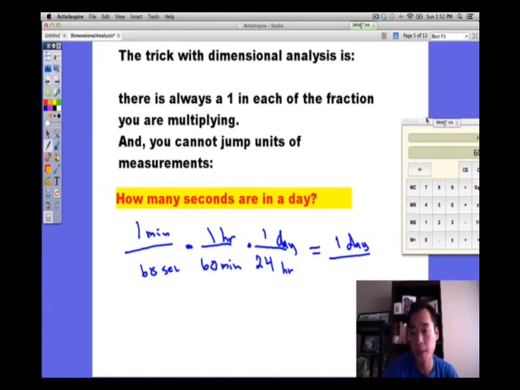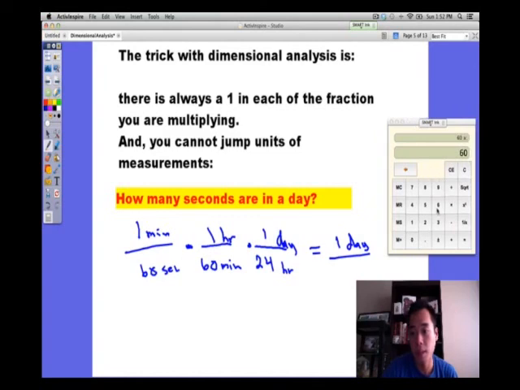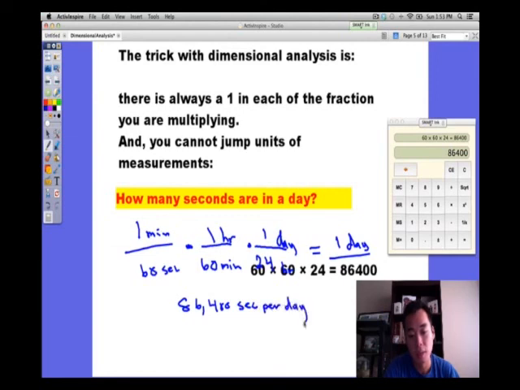Quickly do that on my calculator. 60 times 60 times 24, and I get 86,400. So really, there are 86,400 seconds per day.